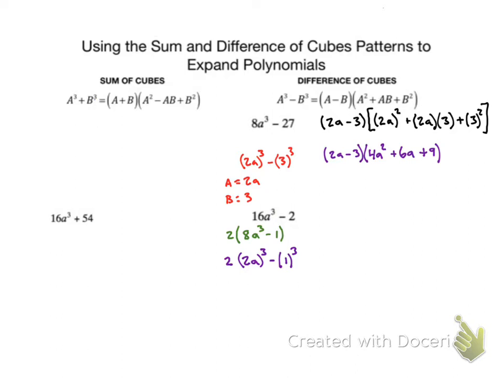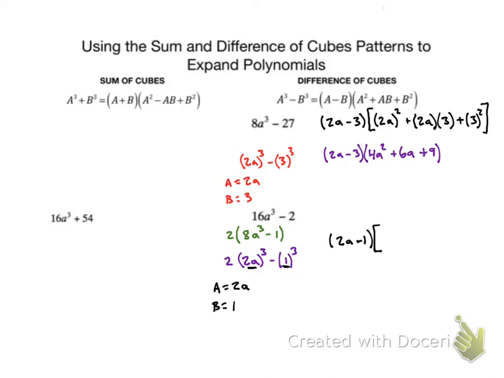So we write out our key. We have our a is equal to 2a. That's a minus b. B is equal to 1. So we write this out as our factors. Our first one is a minus b. So here's a is 2a minus b is 1.